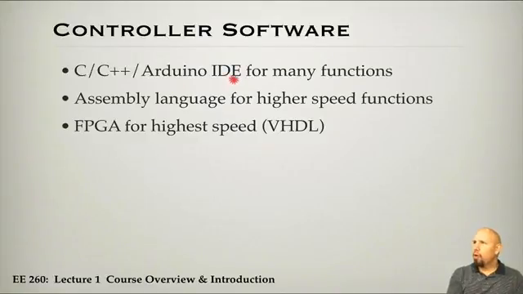For the Arduino, we'll have the Arduino IDE, which is very similar to C or C++. We will also have you working with assembly language for higher speed functions. For highest speed functions, we would use something other than an Arduino. We would probably use an FPGA. Those would give us higher levels of speed, and there we would use something like VHDL as our language of choice.